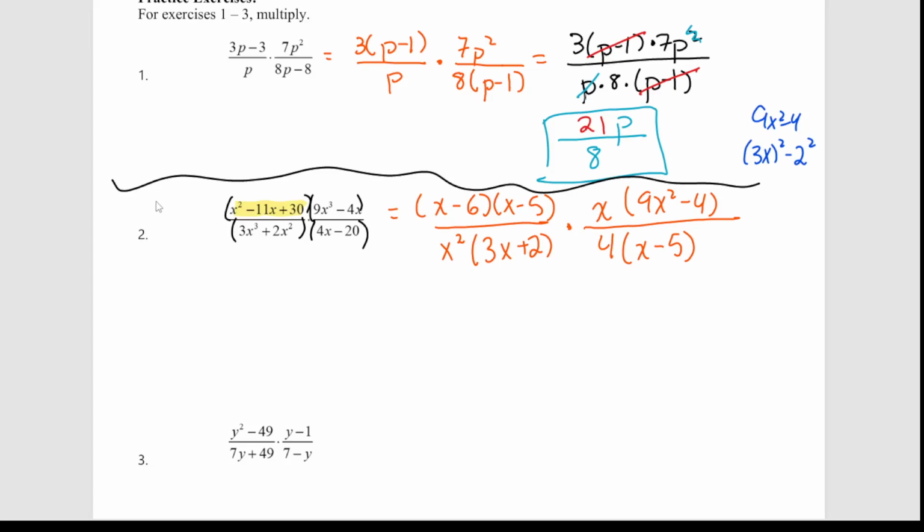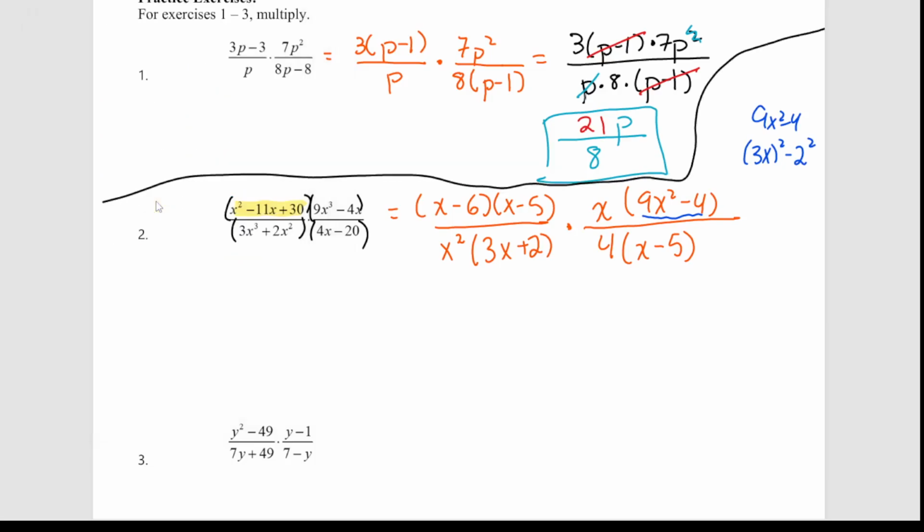So I'm going to further factor that at the same time that I go ahead and just multiply my numerators, multiply my denominators. So 9x squared minus 4 would then factor into 3x minus 2, 3x plus 2 for those difference of squares. Since 9x squared is 3x all squared, 4 is 2 squared.